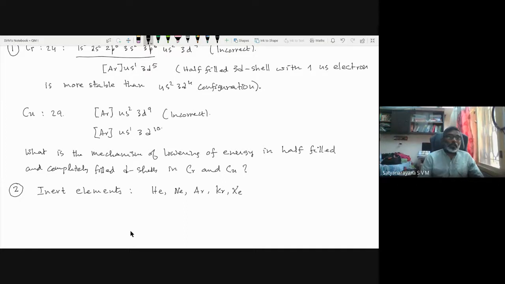I forgot what more is there, maybe radon is one of them. So helium, neon, argon, krypton, xenon, these are inert elements. Why are they inert? Because they don't participate in chemical reactions, right? So why are they inert?